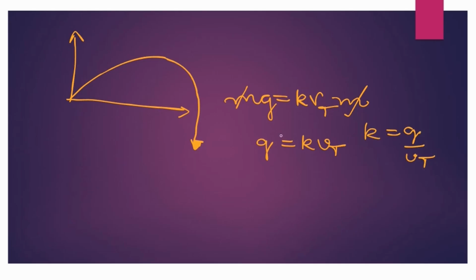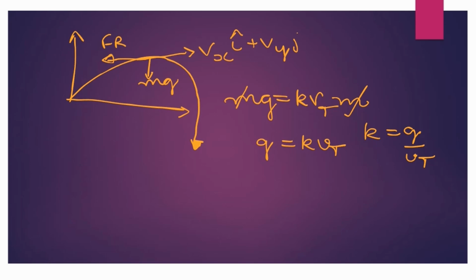Forget about this. Now let's analyse the system. Let's say v will also have v_x i cap plus v_y j cap. For clarity I'm writing it as v_x i cap plus v_y j cap, and then this is F_r, and then you will have mg acting vertically downward.